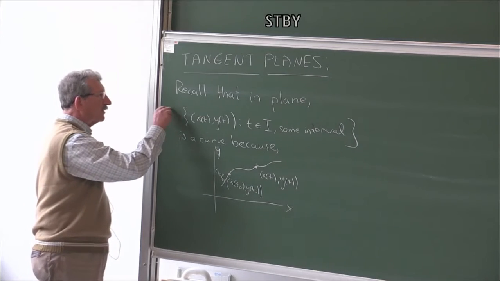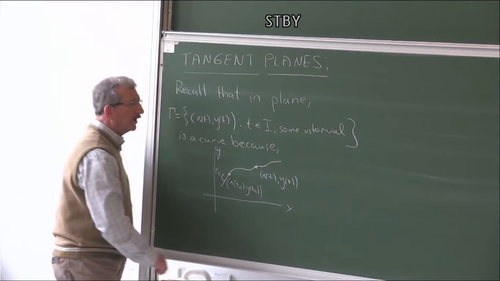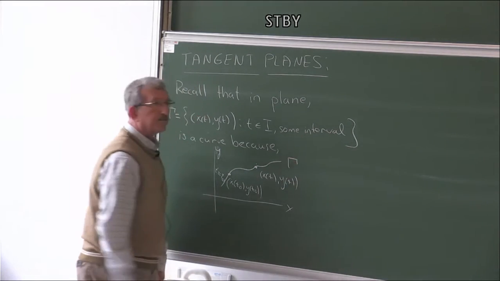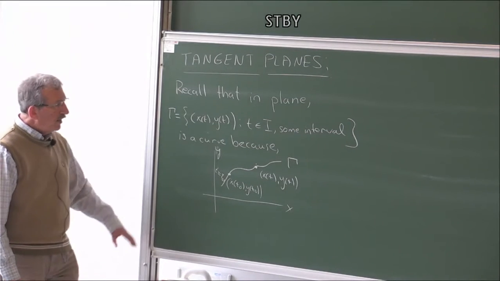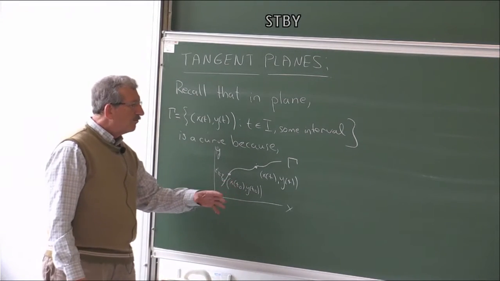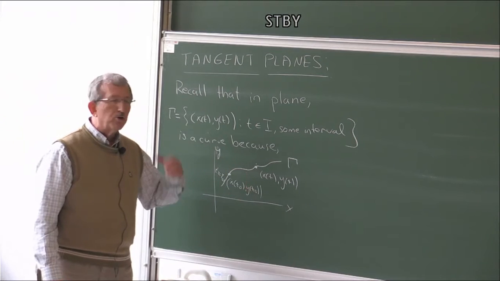I can call this the curve gamma. This is the so-called parametric form of a curve.